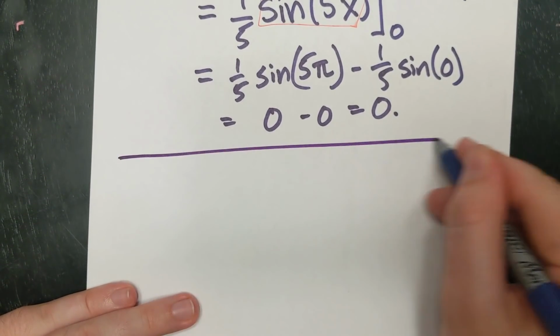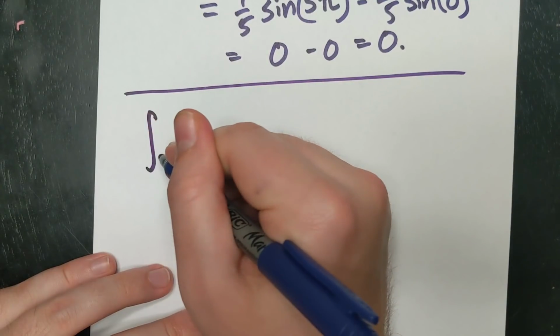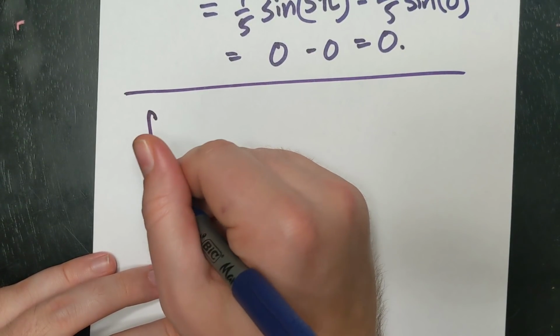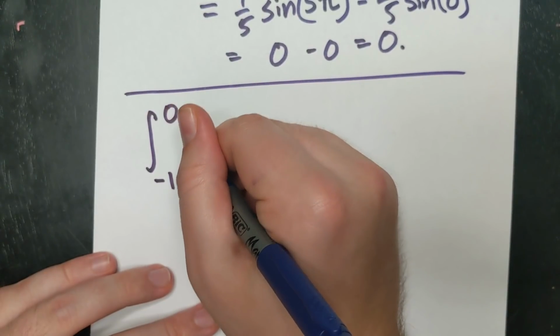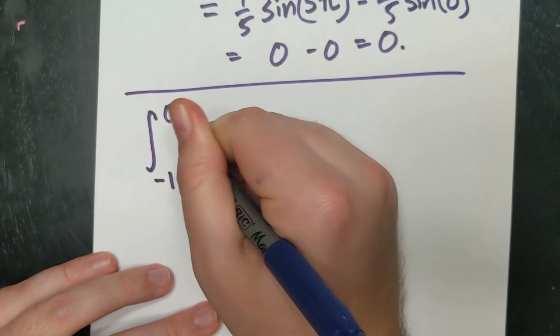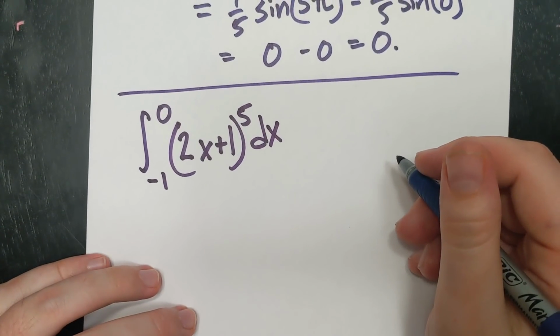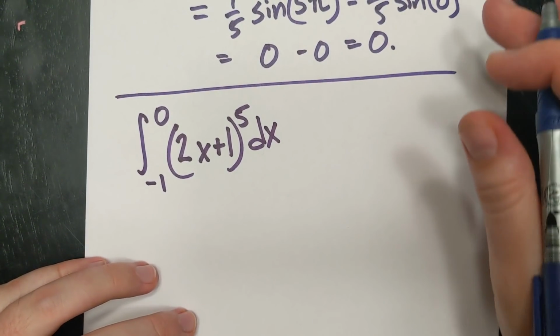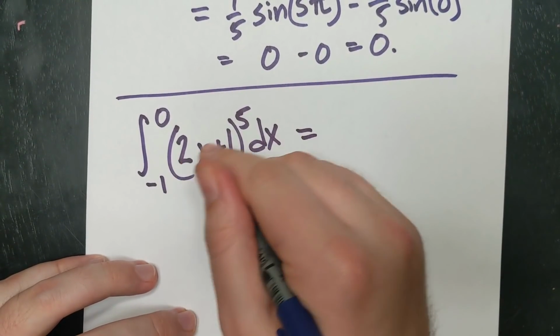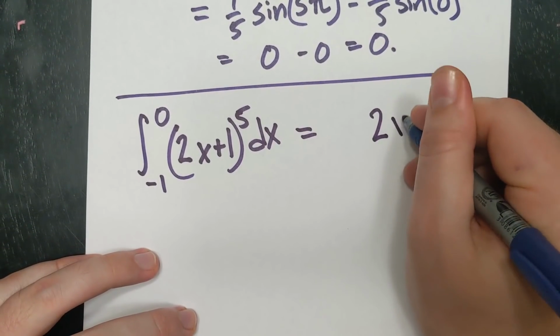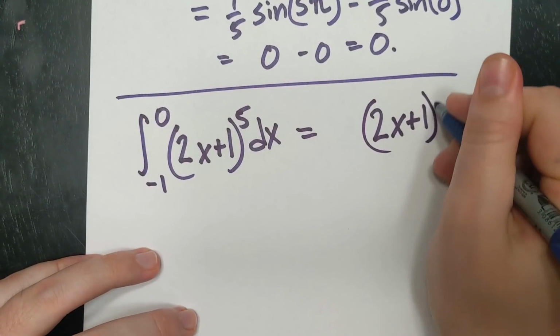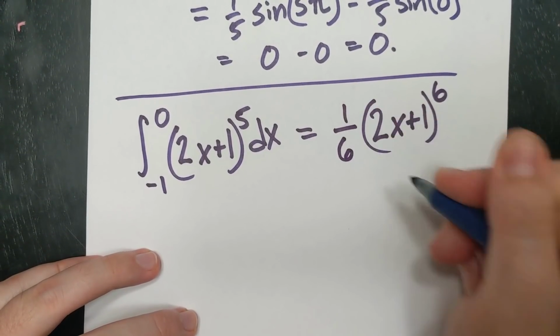The next problem is asking us to calculate the definite integral from -1 to 0 of 2x plus 1 to the 5th. And so we're like, how do we do this? And you might say, oh, can't we just increase this to be 2x plus 1 to the 6th and put a 1 over 6 up front?